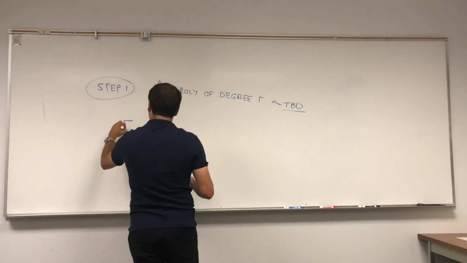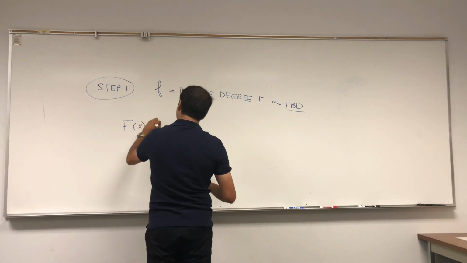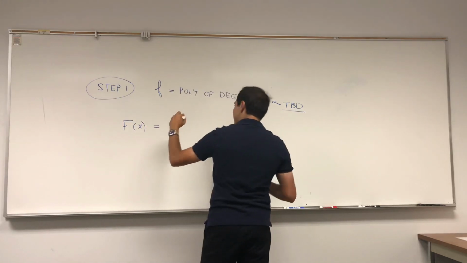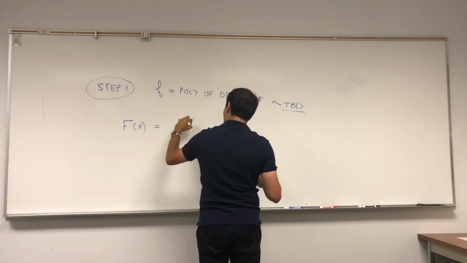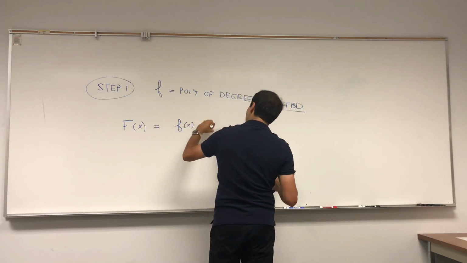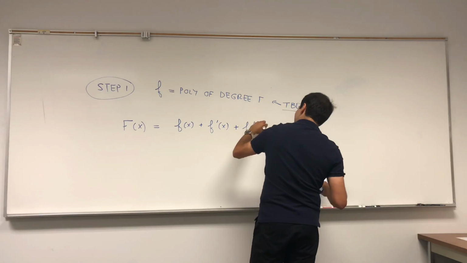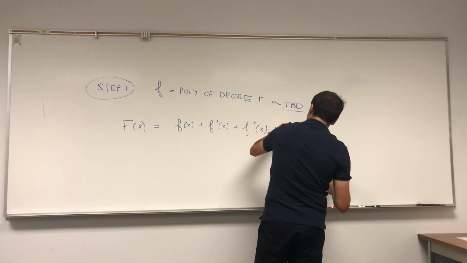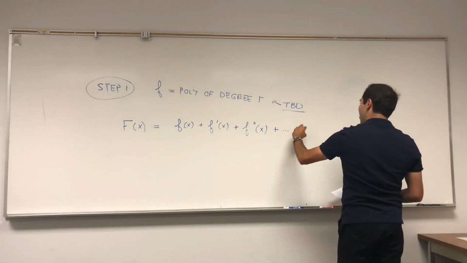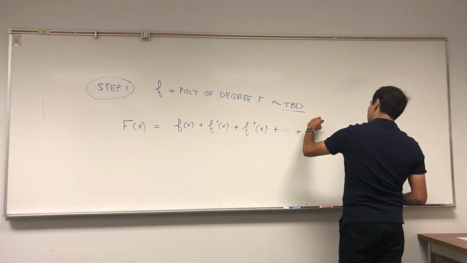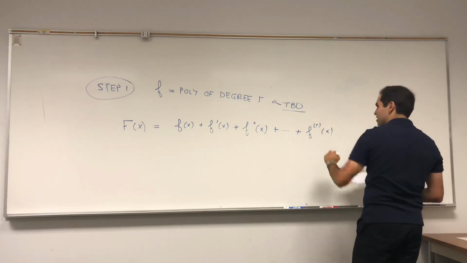So capital F of x, it has nothing to do with the antiderivative, is simply the following. Take f, add its derivative, add its second derivative, ooh, how fun, etc., up to the rth derivative, so f^(r) of x. Okay.